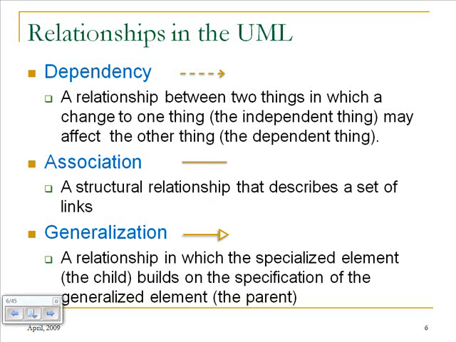There's this concept of generalization in object-oriented analysis. And generalization shows a relationship in which the specialized element, which is usually the child, builds on the specification of the generalized element, which is the parent. Okay?